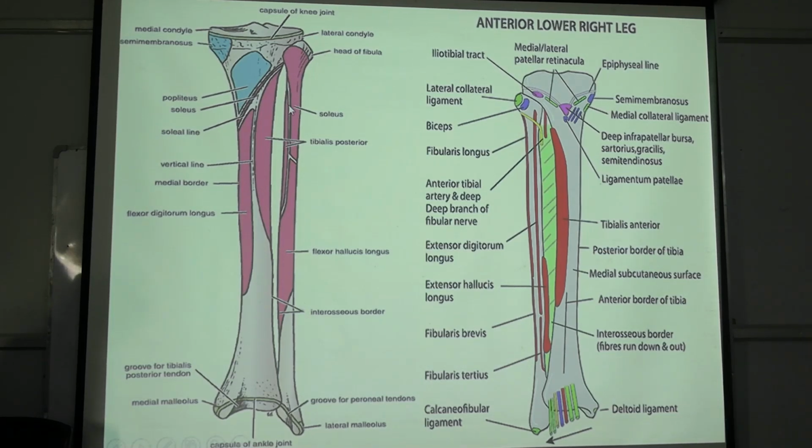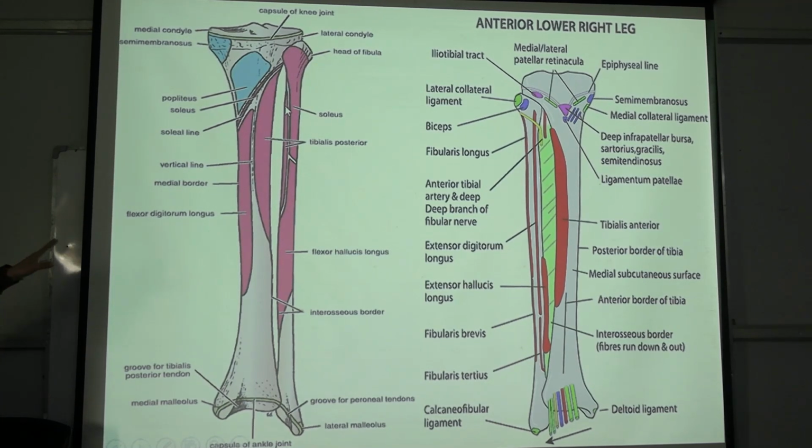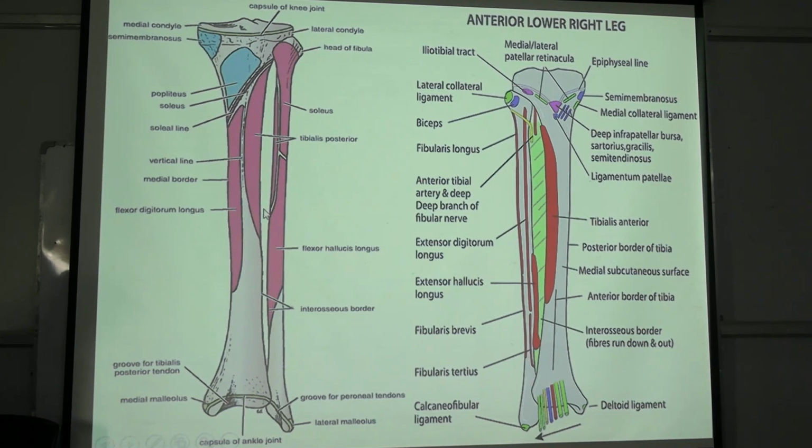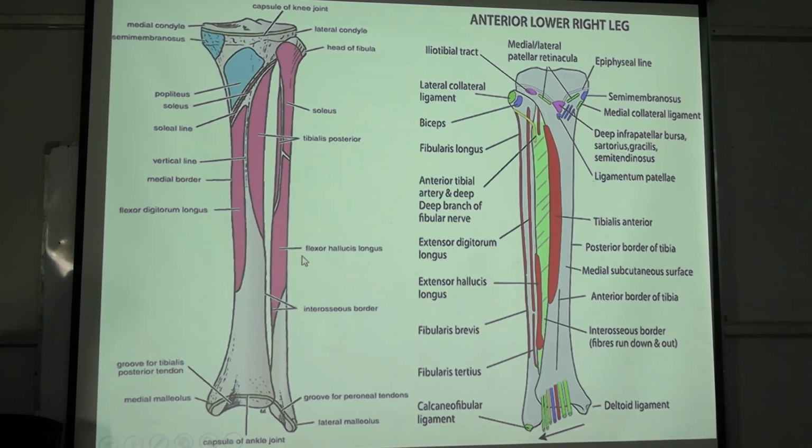On the medial side, also known as the interosseous side, we have tibialis posterior attached, and you can see it is attached on the tibial side as well. Tibialis posterior and soleus are attached on the posterior side. Under it we have the muscle we call flexor hallucis longus. The muscles on the back side we call flexor muscles.